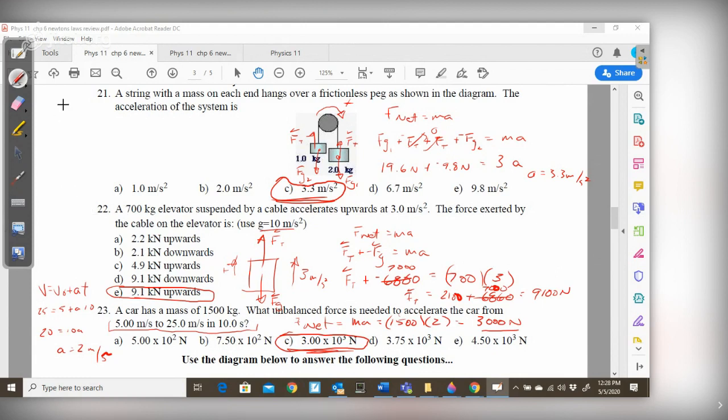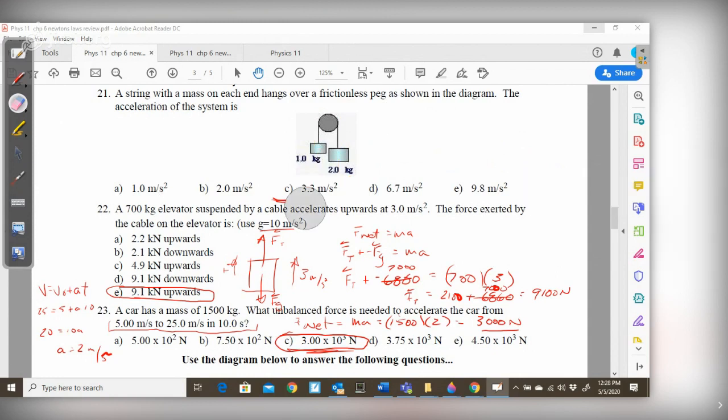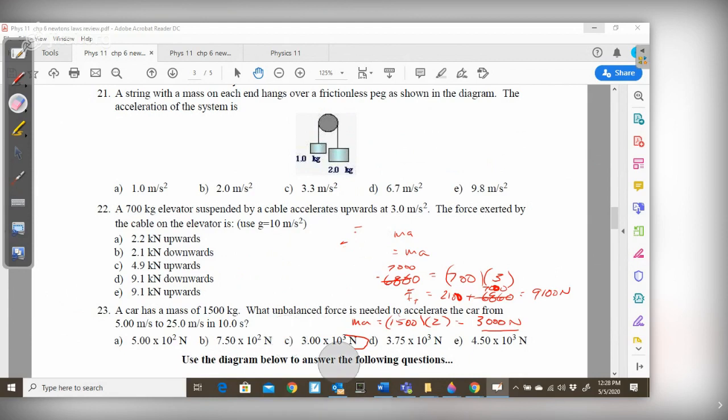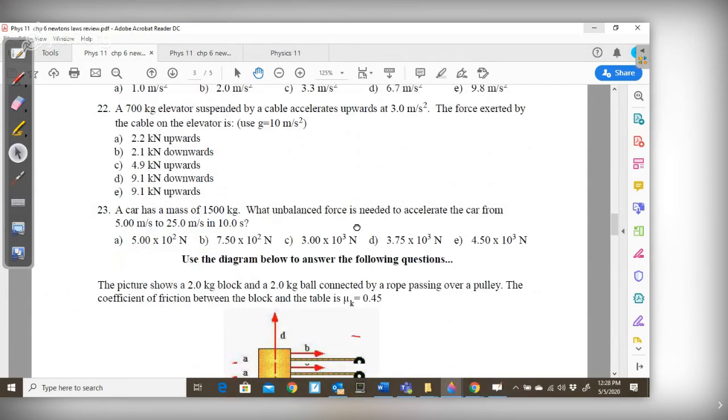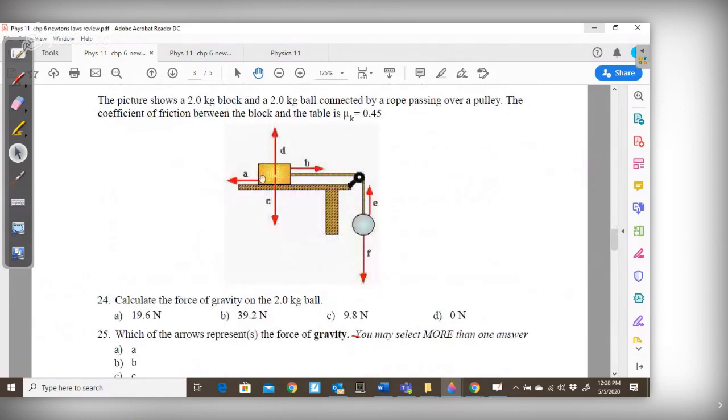All right, and we go through and we erase. Okay. All right, so here we have a more complex type of question, multiple questions coming off of this. And we can see this is a coupled system. They've put a bunch of arrows on here representing forces.